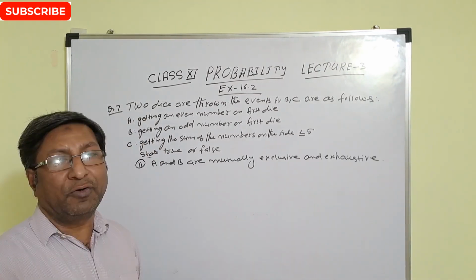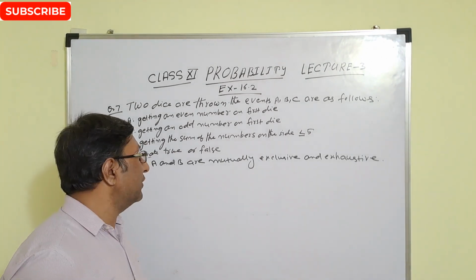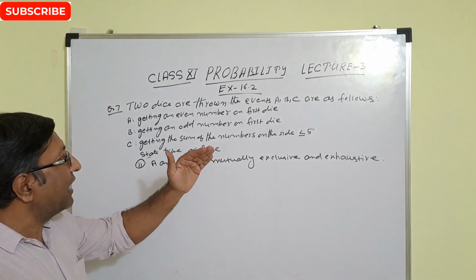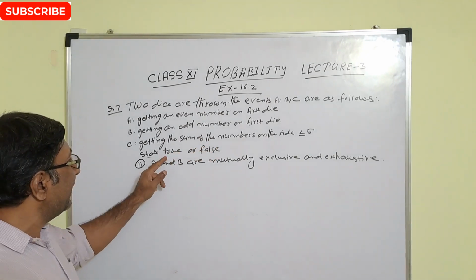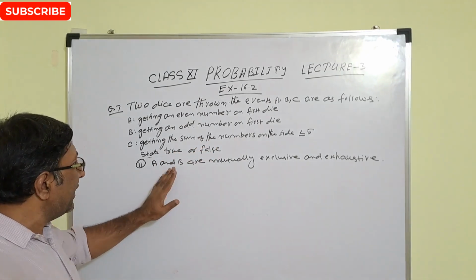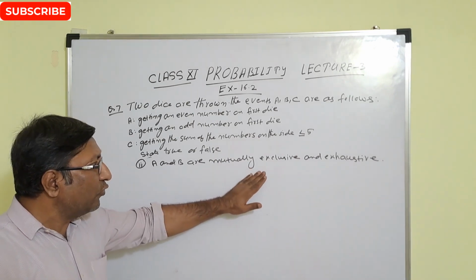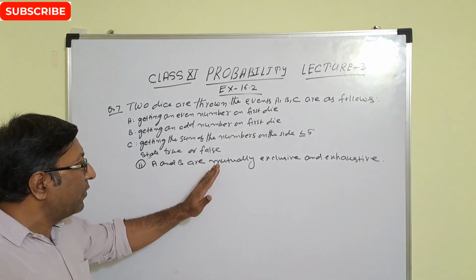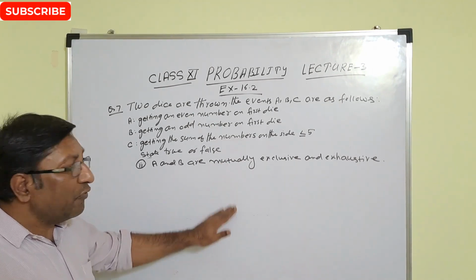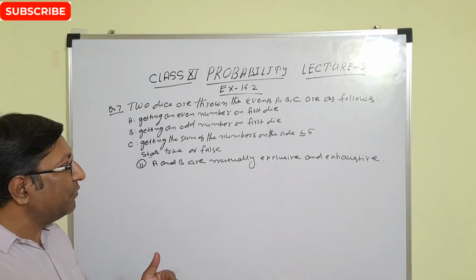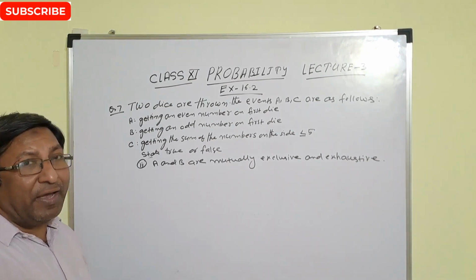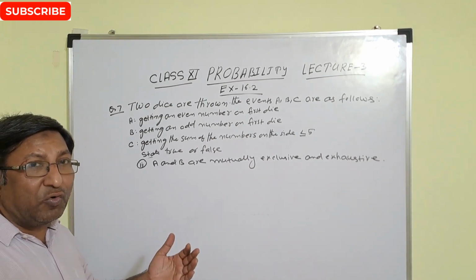Correct answer. Let us see the question. Question is, two dice are thrown, the events A, B, C are as follows. Then state true or false. A and B are mutually exclusive and exhaustive. So you know A and B are called mutually exclusive when A intersection B is empty. And A and B are called exhaustive when A union B equals what?